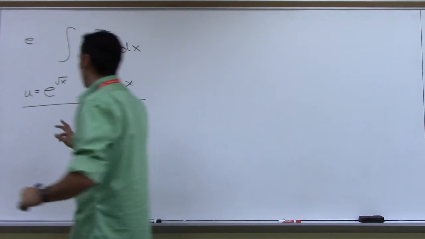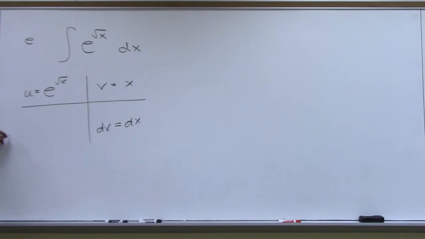And then over here, I've got a derivative. du is the derivative of e to anything, which is itself times the derivative of what's up there, 1 over 2 root x dx. Now look at that new integral that you're going to have, which will always be this diagonal, won't it?